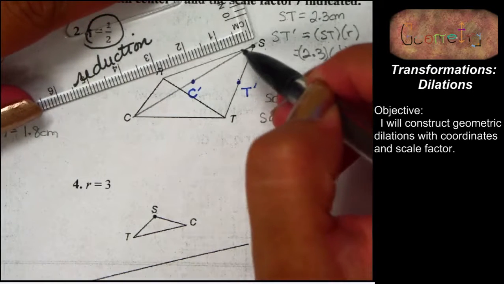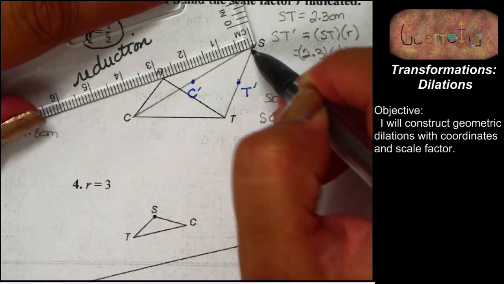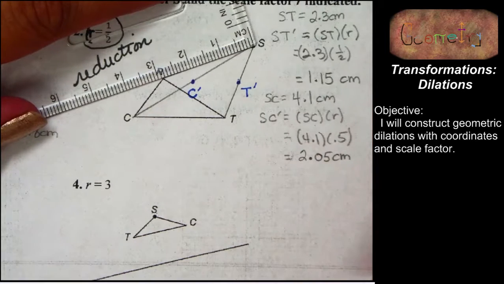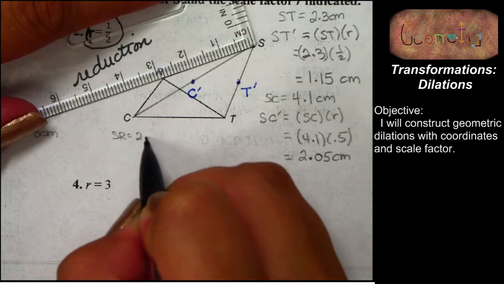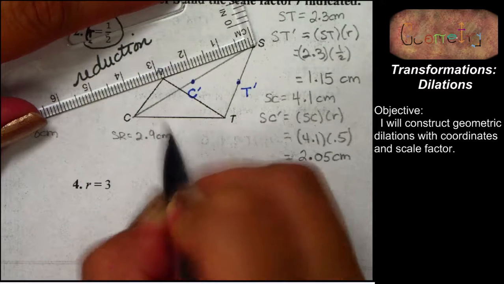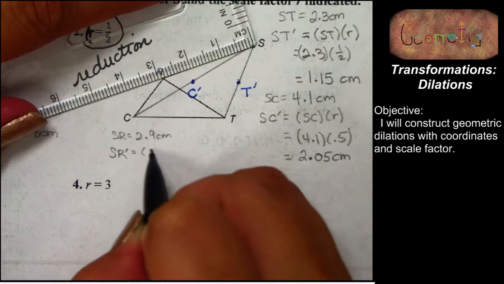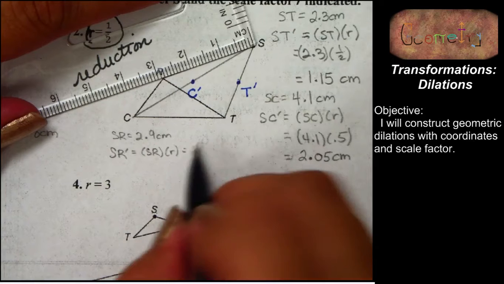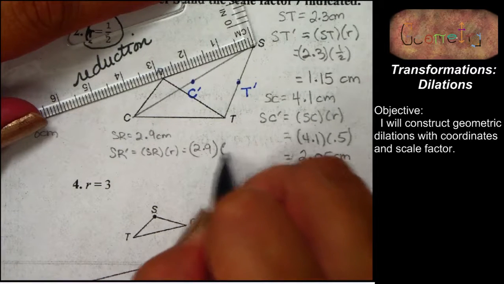Going to measure R from the center of dilation. R is looking like it's 2.9. Which means SR prime is found by 2.9 times 1/2.